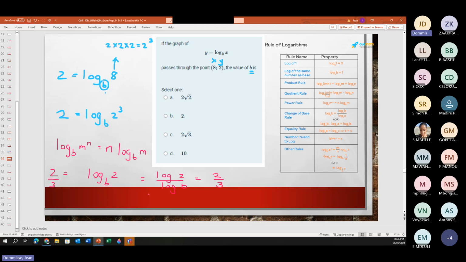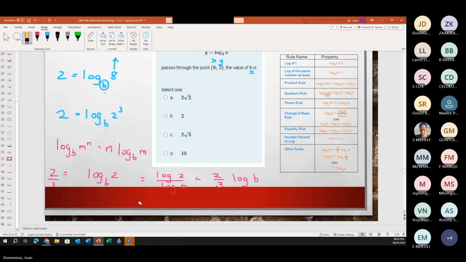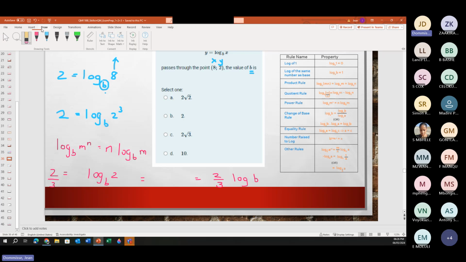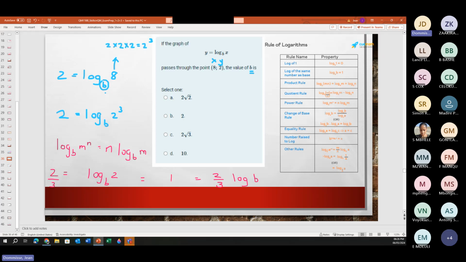So let's just multiply both sides out by log B. So log B is in actual fact, and let's just quickly do that.